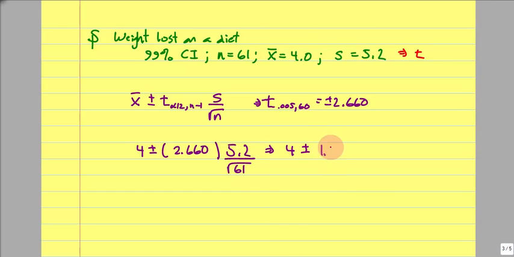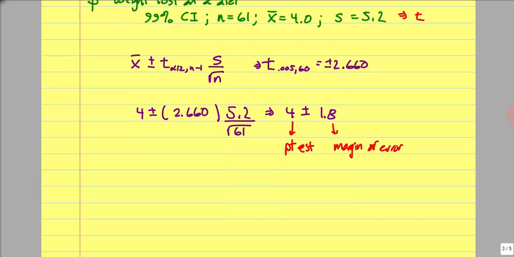So this is 1.8. So this is our point estimate. And this is our margin of error. Okay, so if they ask you to find the margin of error first, go ahead and just start building your confidence interval and we'll kind of work from there.